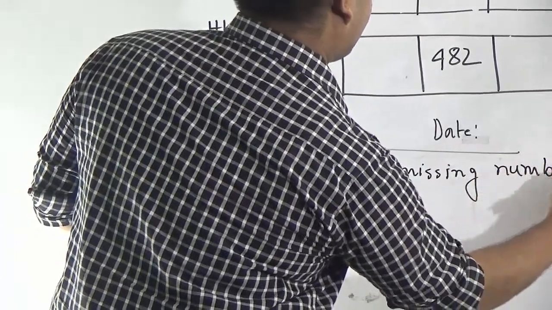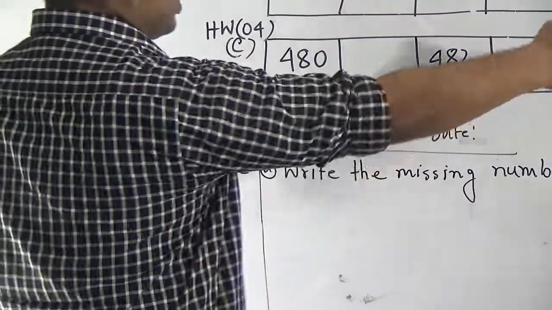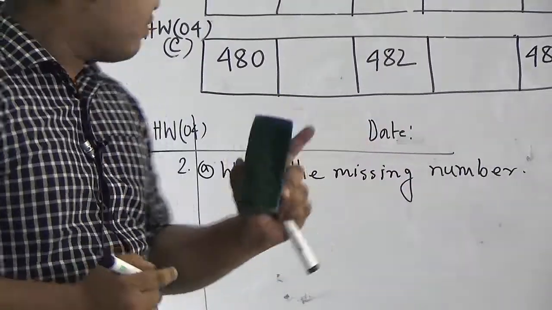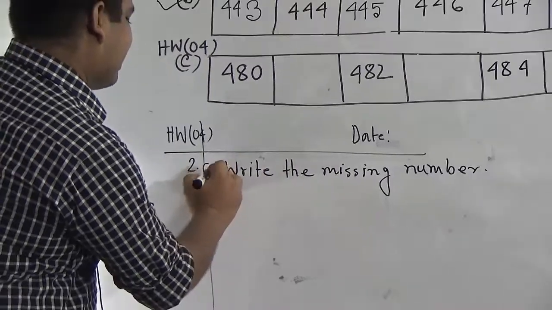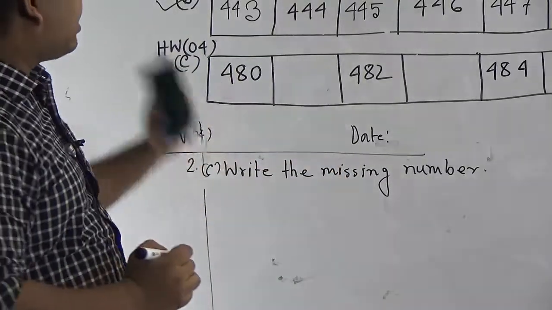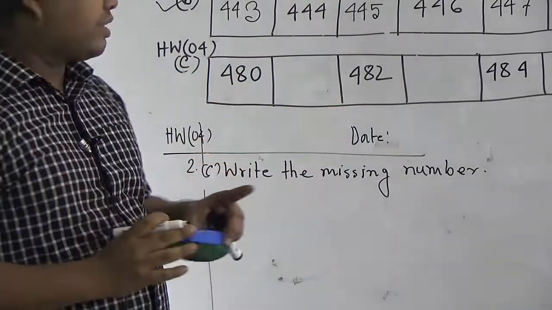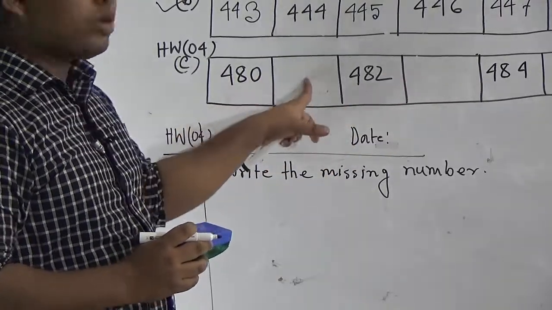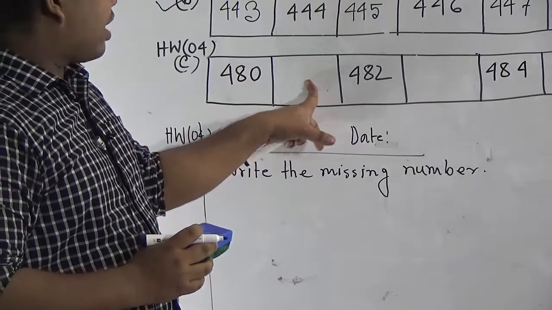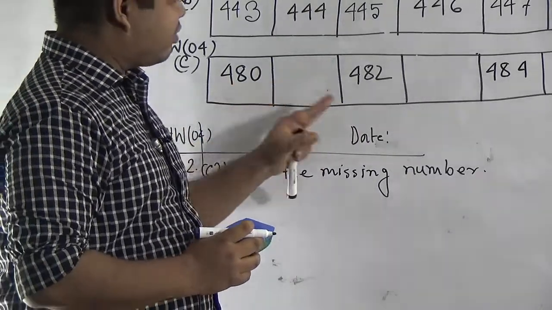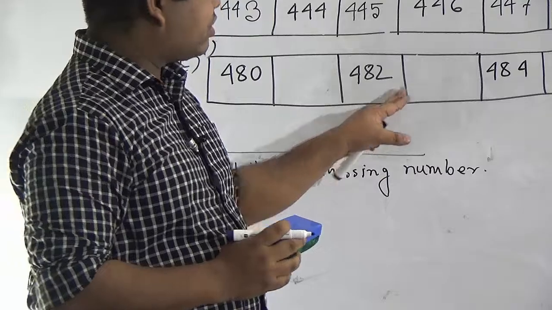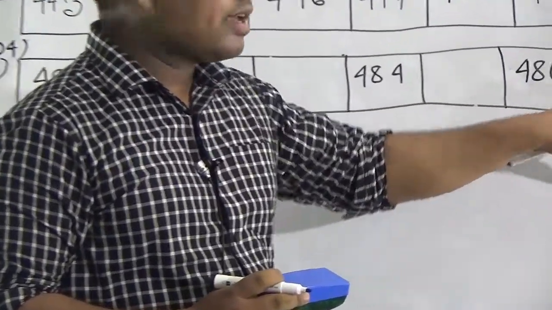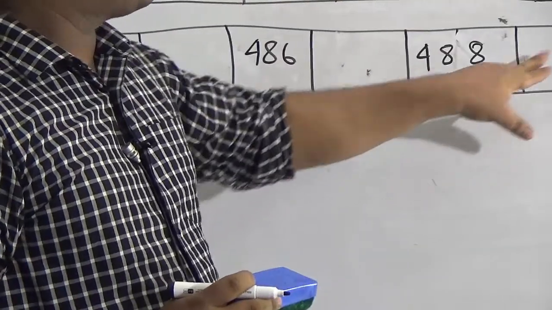Okay, you write the question, then you pick up the question first. So I repeat, you pick up the question first. After picking up, then you write the answer. That means fill up the missing numbers. Here 480. What will be the next number? Okay, you can fill up. I don't give you the answer. 482, gap, 484, gap, 486, gap, 488, gap.